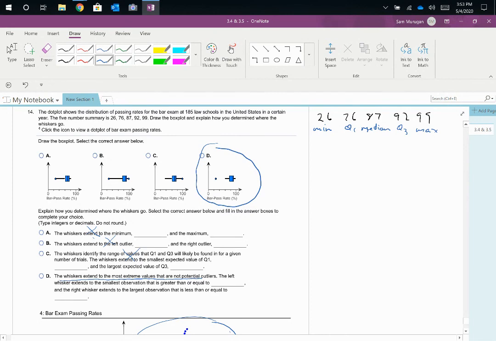The left whisker extends to the smallest observation that is greater than or equal to, and in this case we have to figure out that is the quartile. IQR is equal to 92 minus 76. Let's put that in a calculator. 92 minus 76 gives 16.